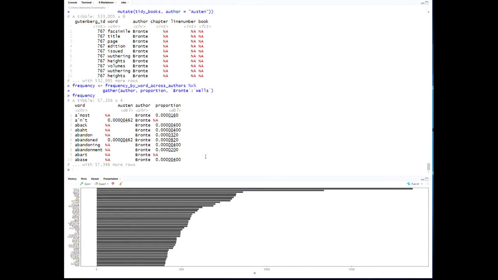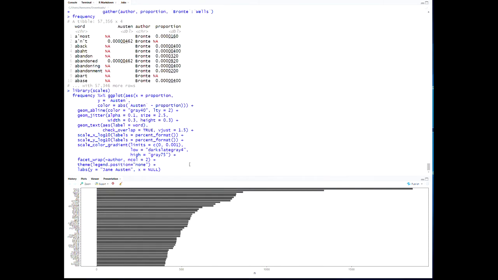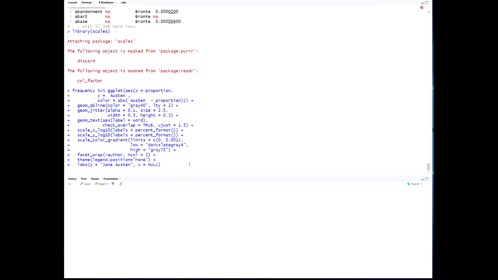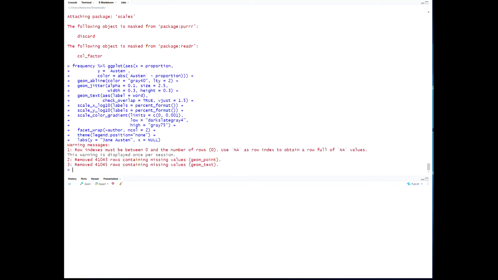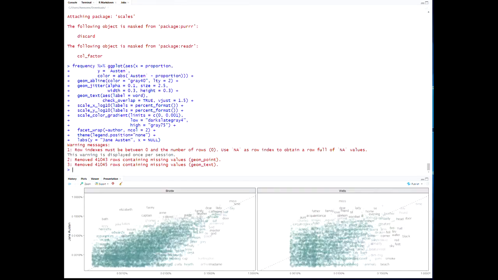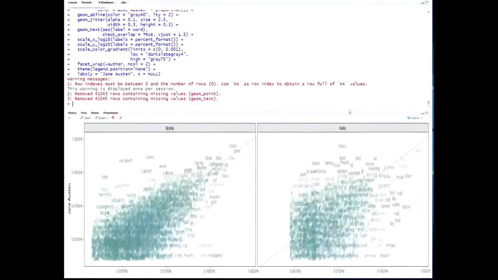So now I can plot those two frequencies against each other. And what I can see now is a visual, and I can see that Bronte versus Austen, these are the words that are in common. Right?